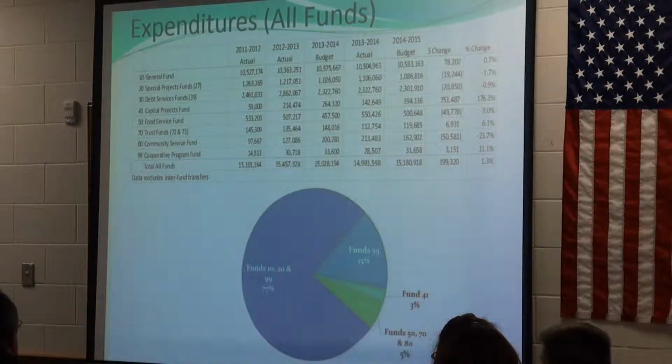The general fund expenditures are anticipated to increase mainly due to salary increases, and the capital projects fund increase is based on our current 5-year capital improvements plan.